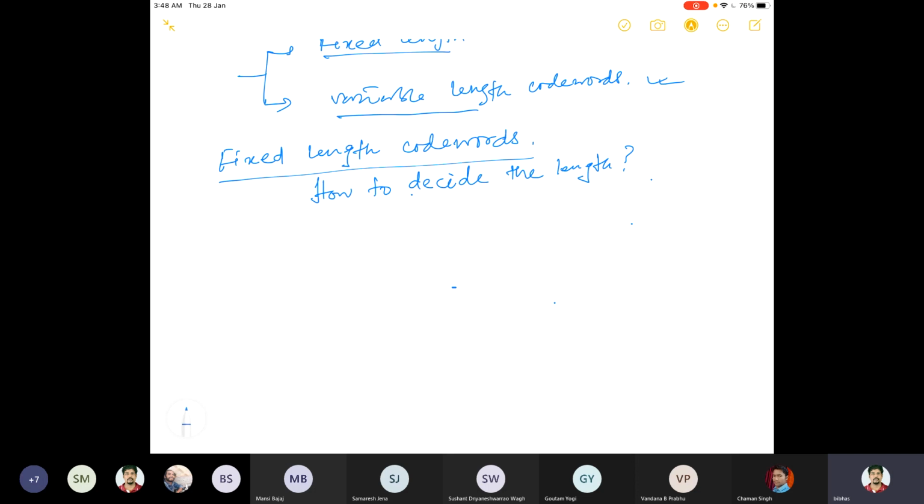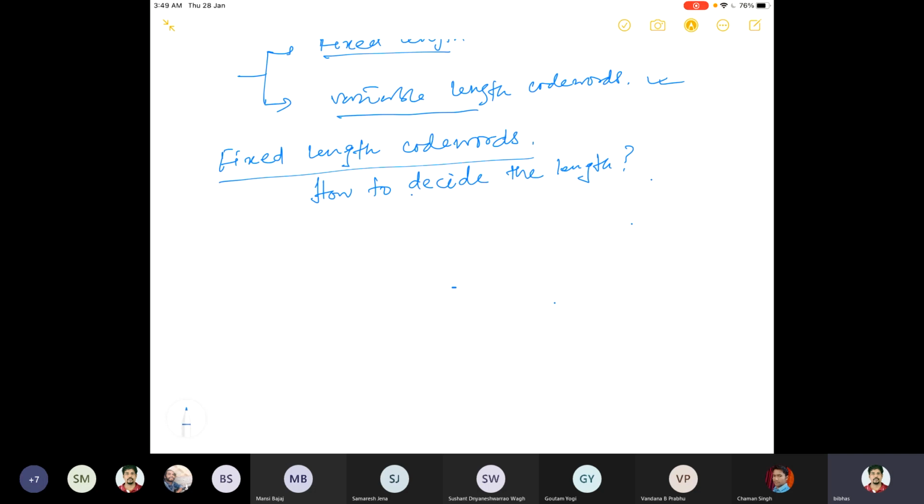Note that for communication, one interesting fact is that once we encode all these letters and send them to the receiver, the receiver should also be able to decode them.